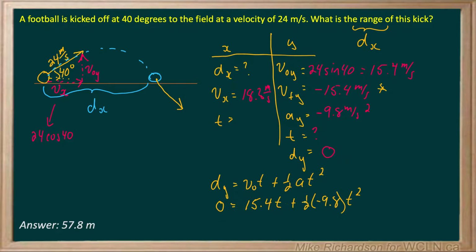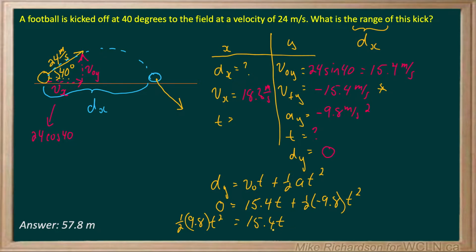Simplifying it a little bit, I'm going to take all of this over to the right by adding 1/2 9.8 t squared to both sides. So that becomes 1/2 9.8 t squared is equal to 15.4 t.